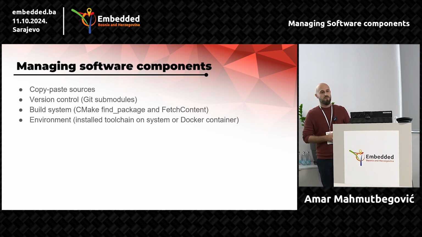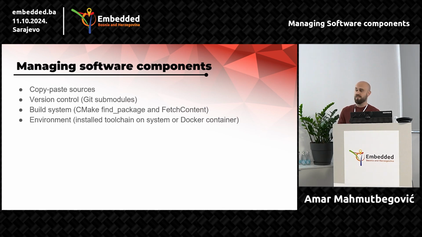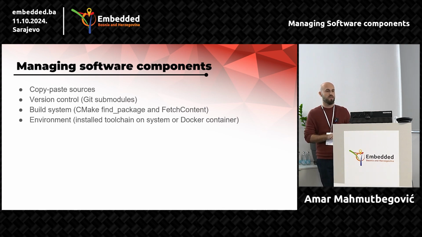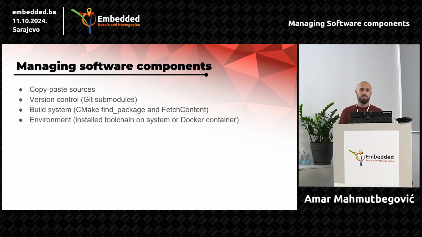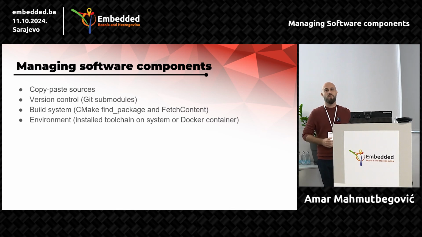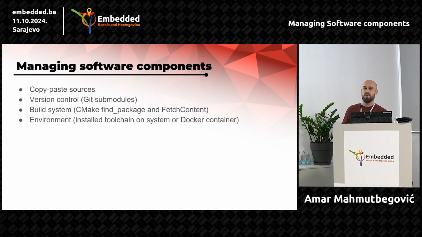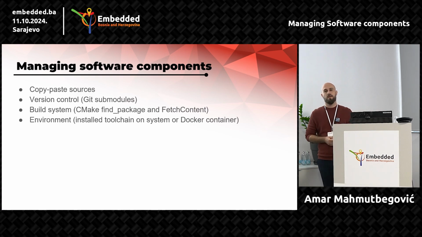How do we manage software components? These are some of the usual ways that we deal with them. The most basic and the most reliable one is, of course, copy-pasting source code into our project folder and treating it as part of the project. The next step would be using things such as Git submodules in version control, and build systems also allow us to manage components to some extent.